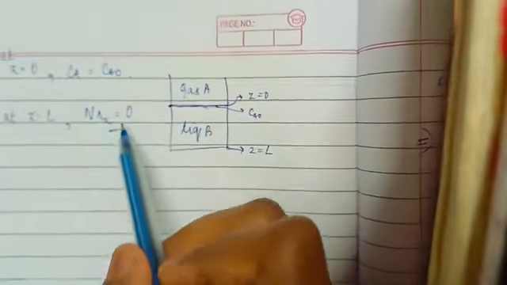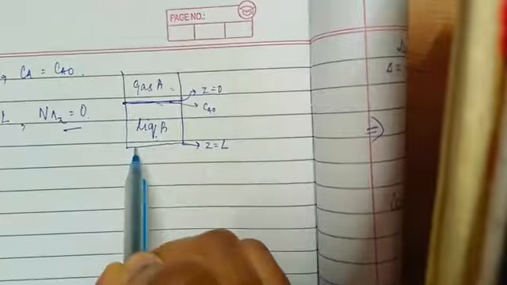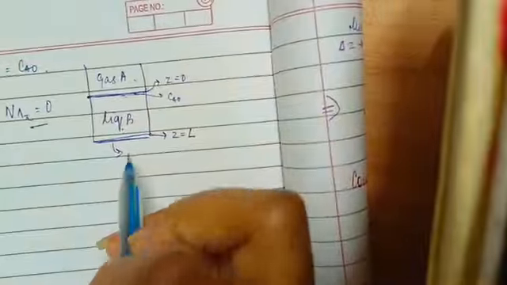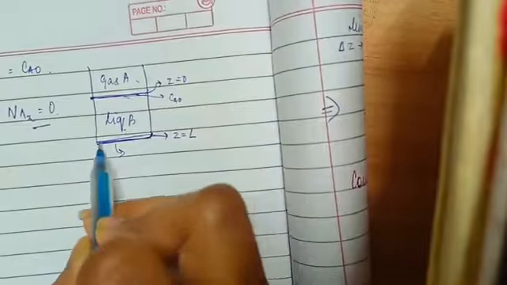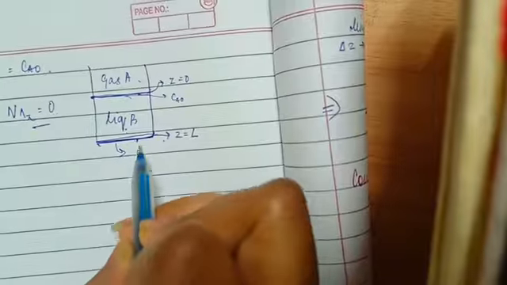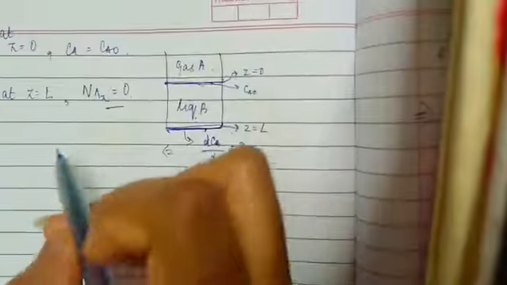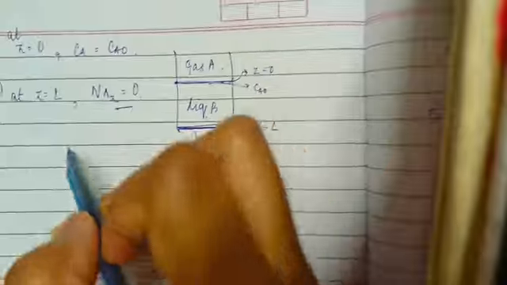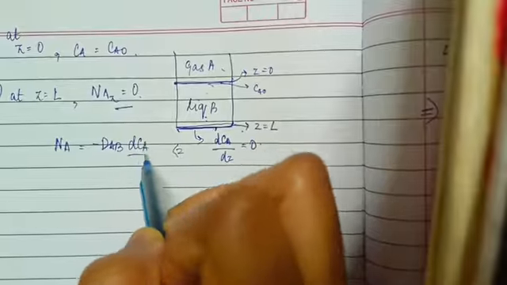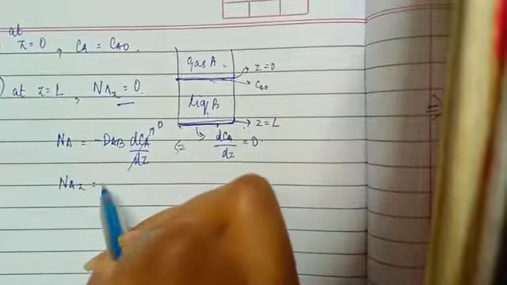This, the second boundary condition, is because no A diffuses through the bottom of the container at Z is equal to L. So due to very little or no A diffusing into the lowest point of the beaker, that is Z is equal to L, the term dCA by dZ turns out to be 0, due to which when we put this in the molar flux equation, where Na is equal to minus DAB dCA by dZ, since this term turns out to be 0, the whole NaZ term turns out to be 0.